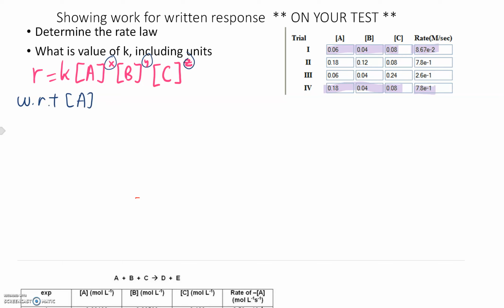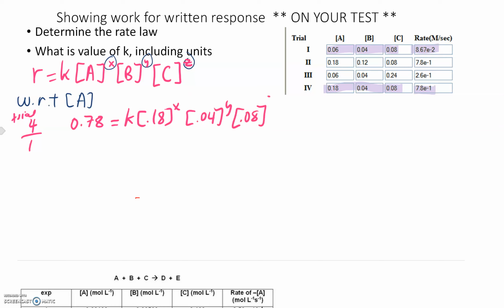The way we set this up is you'll substitute all the values and divide one by the other. I always put the bigger number on top, so I'm going to do trial 4 over trial 1. For trial 4, the rate is 0.78, equals k times 0.18 to the x, 0.04 to the y, 0.08 to the z.